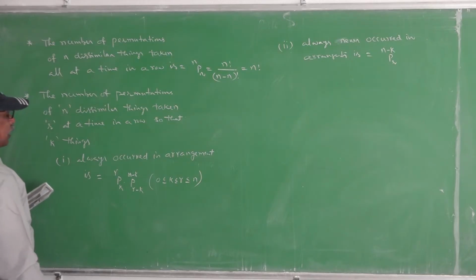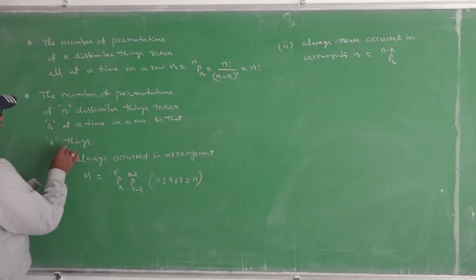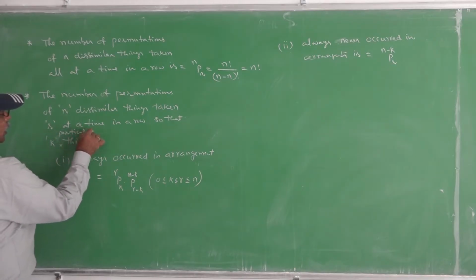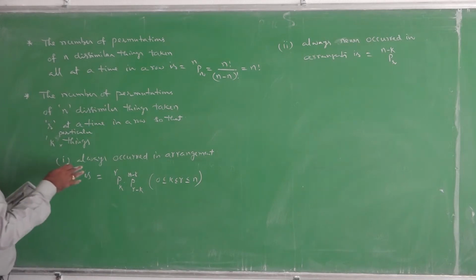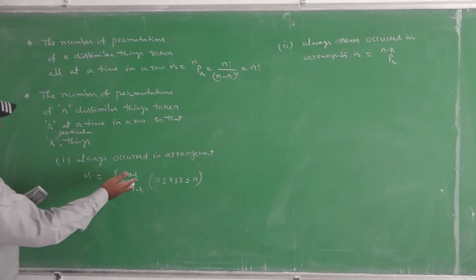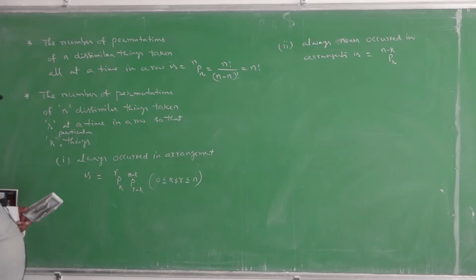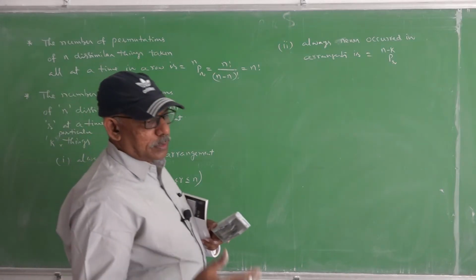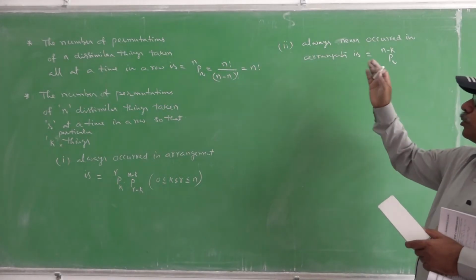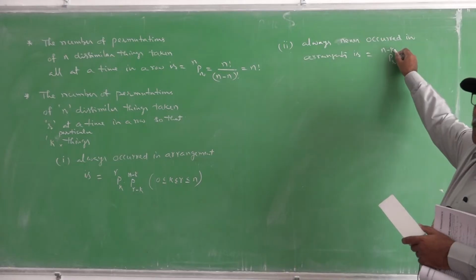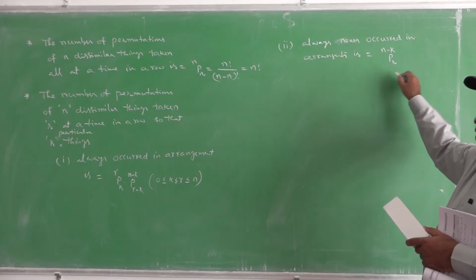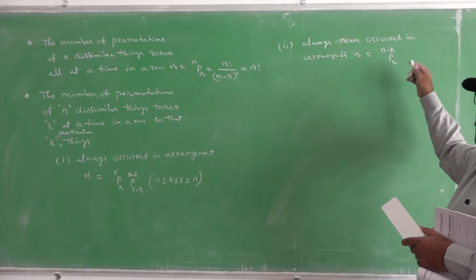So, when those k particular things are to be arranged, that can happen in rPk into n minus k P r minus k ways, whereas when these k particular things do not occur in the arrangement, we are only excluding those particular things out of the total number of dissimilar things, and arrangement of r things in a row can be possible in n minus k P r ways.